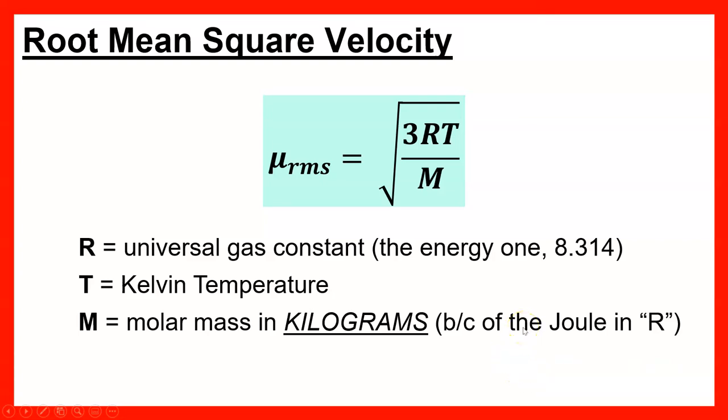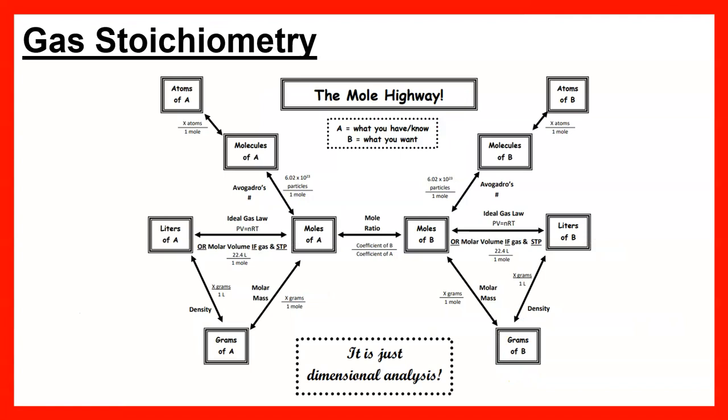The next thing is something called gas stoichiometry. And gas stoichiometry, to be perfectly honest, is not really anything different than regular stoichiometry. Regular conversions. Instead of using a regular conversion factor, you might be using ideal gas law instead. Maybe you have to solve for volume using ideal gas law, or using molar volume if you're at STP.